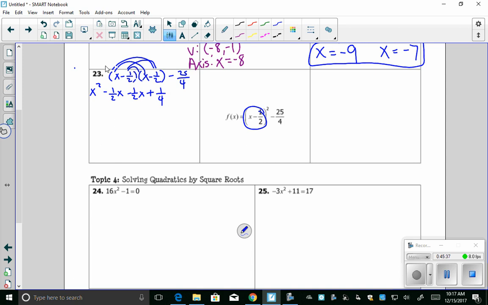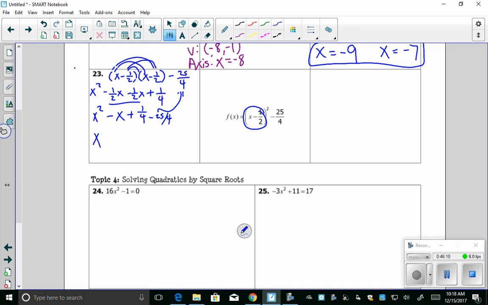Now, when you add, it's negative 1/2 minus 1/2. Leave x squared. Negative 1/2 minus 1/2 is really negative 2 over 2, which becomes negative x plus 1/4 minus 25 over 4.